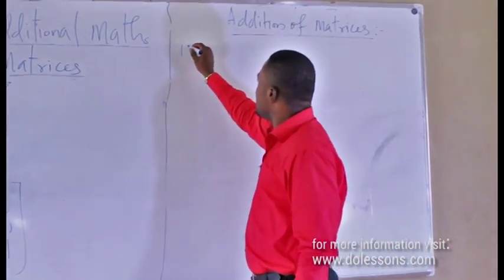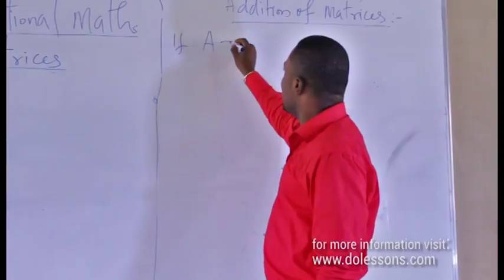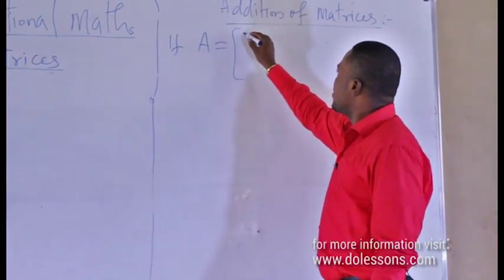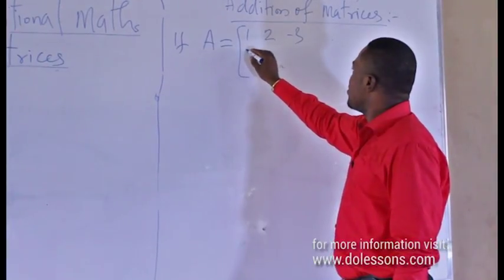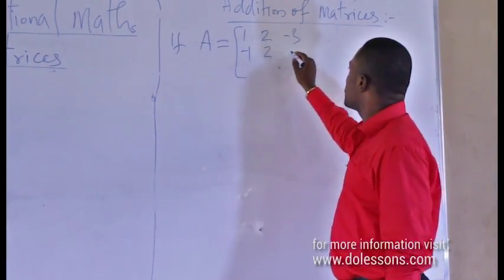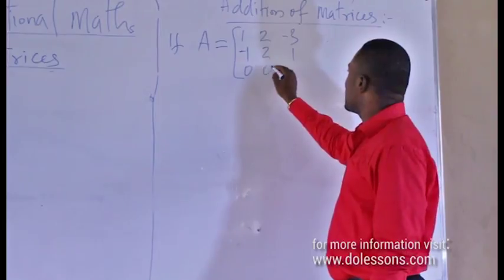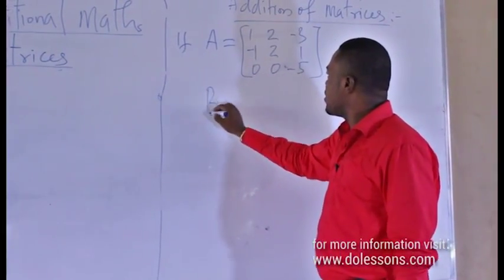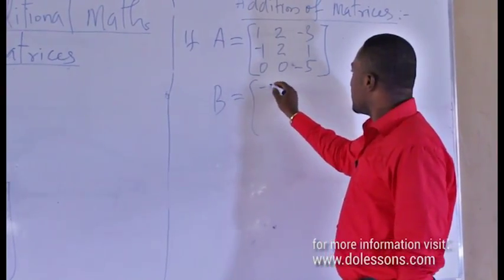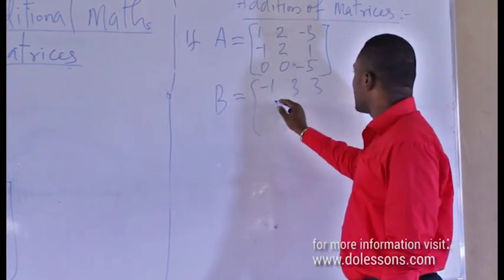Example, if matrix A is equal to 1, 2, minus 3, minus 1, 2, 1, 0, 0, minus 5, and matrix B equals minus 1, 3, 3, 1, 1, 1.